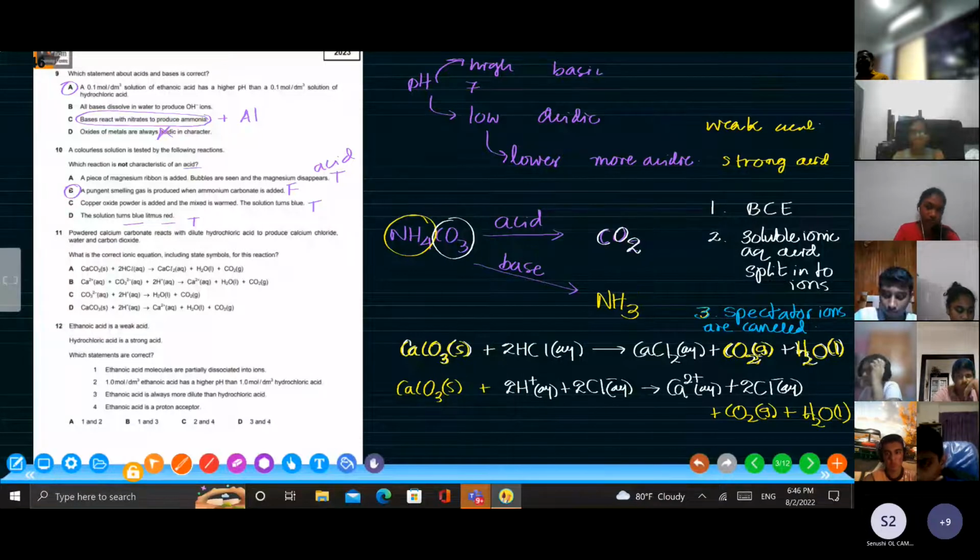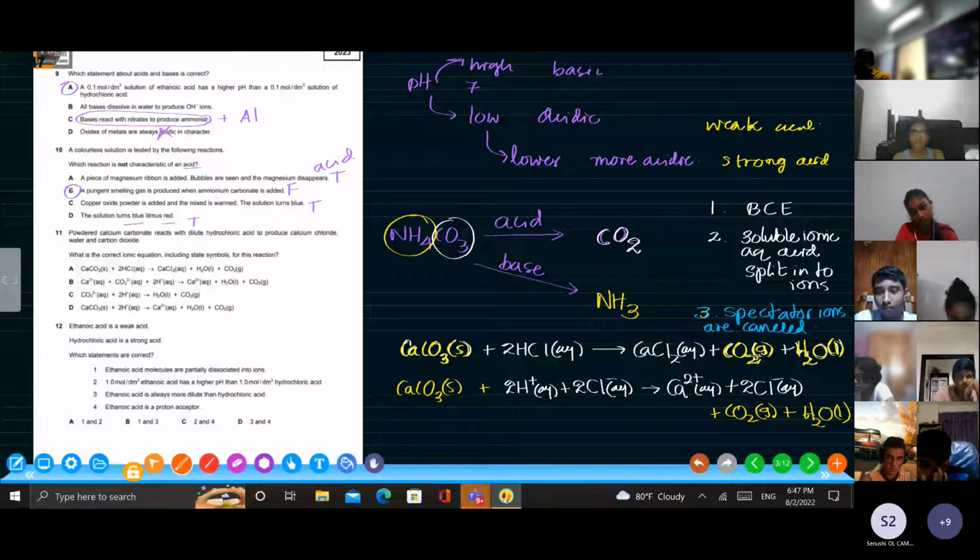Spectator ions. But here, let's check: do we have spectator ions? Have you noticed any spectator ion? Yes, Cl minus. Why? Here it's 2Cl minus aqueous. Maybe the calcium carbonate? Do you have the same calcium carbonate on the product side? No, there is a change. You have H plus ions; do you have H plus ions on the product side?